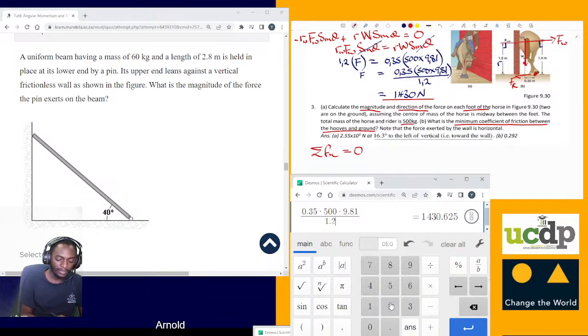The one is in the positive direction and the other one is in the negative direction. So it will be Fw minus Fr equals 0. Which means Fw is equal to Fr, which means our frictional force is equal to the value that we calculated there, which is 1430 newtons.